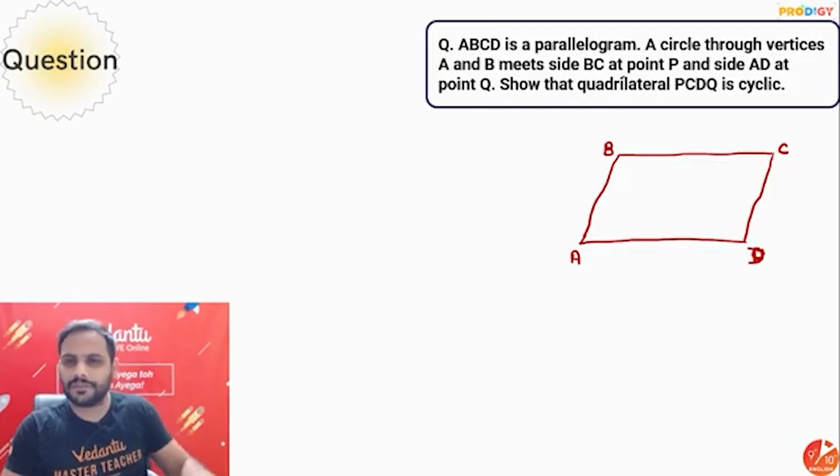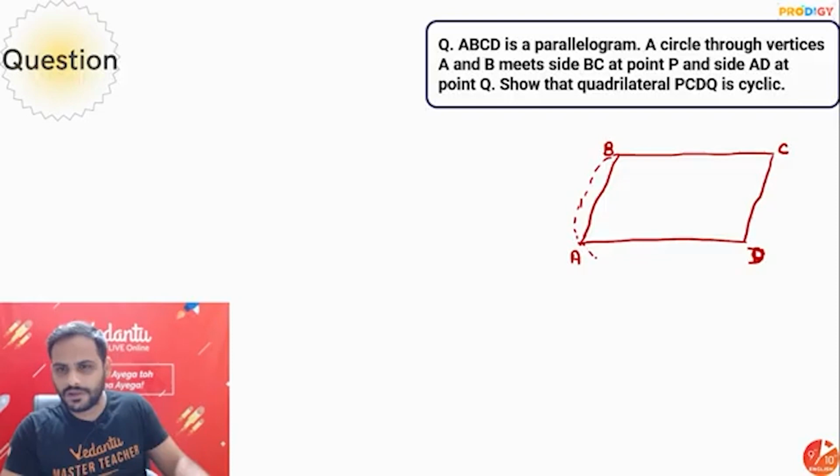Now they are saying a circle passing through A and B. So if a circle passes through A and B, let's say it is something like this.